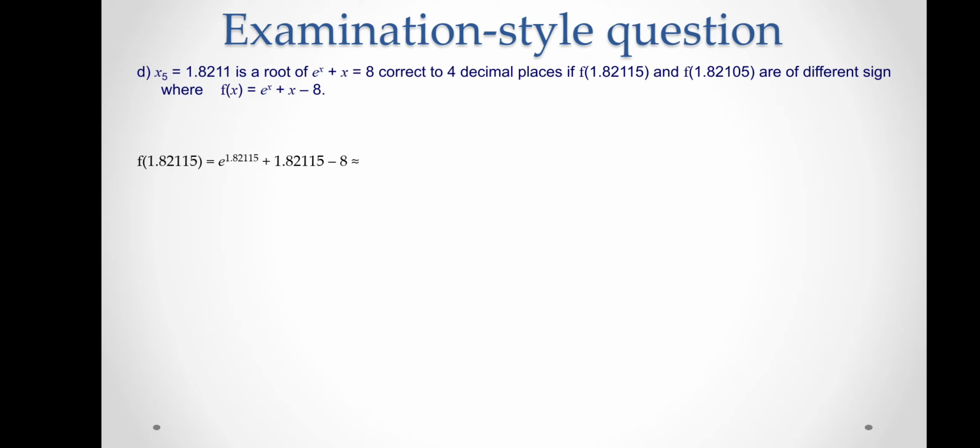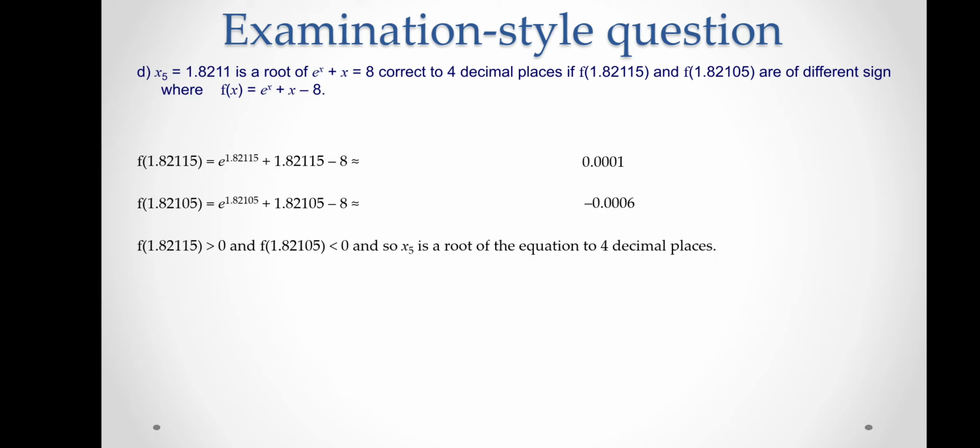So the f x equation is e to the power x plus x minus 8. First substitute the upper bound 1.82115. When you substitute, it gives approximately 0.001, that is a positive answer. Then substitute 1.82105, so that gives a negative answer.